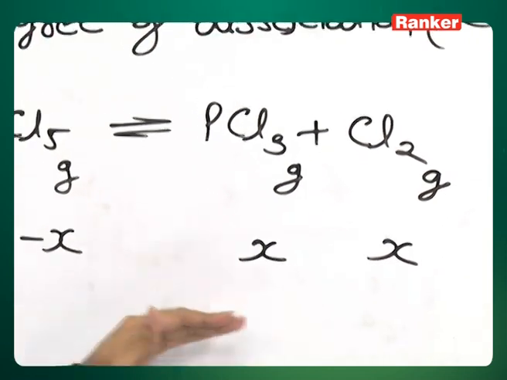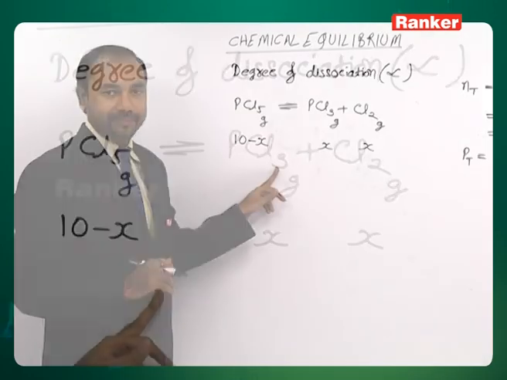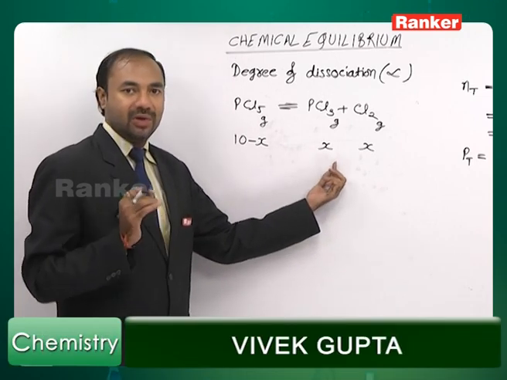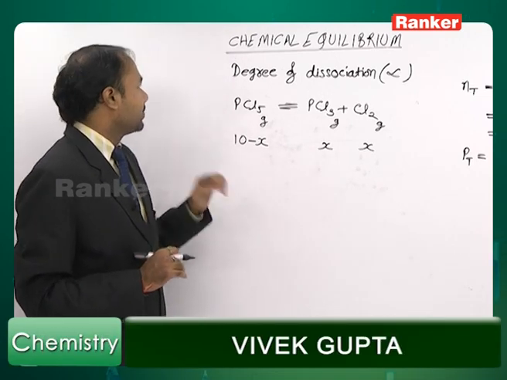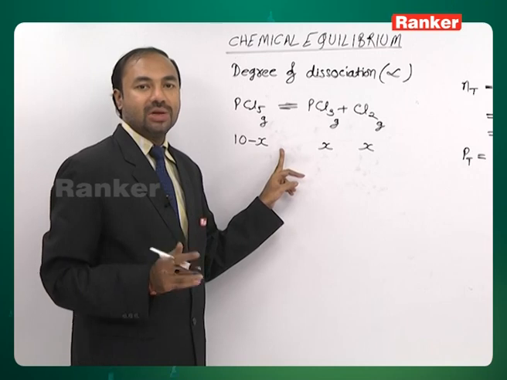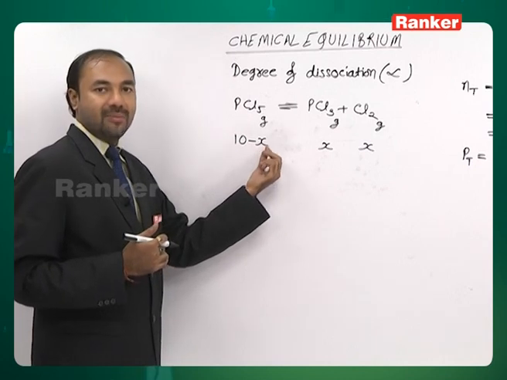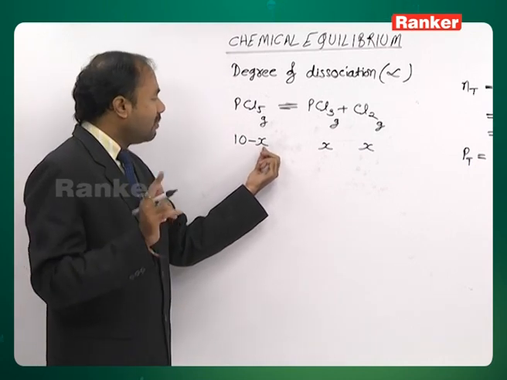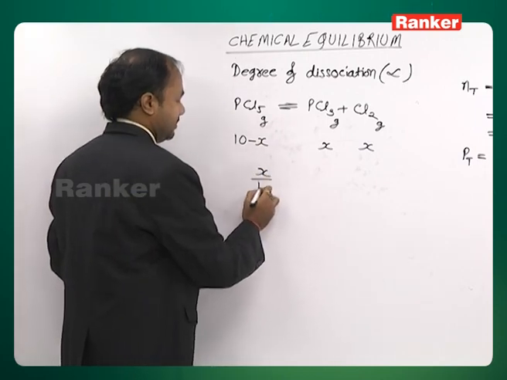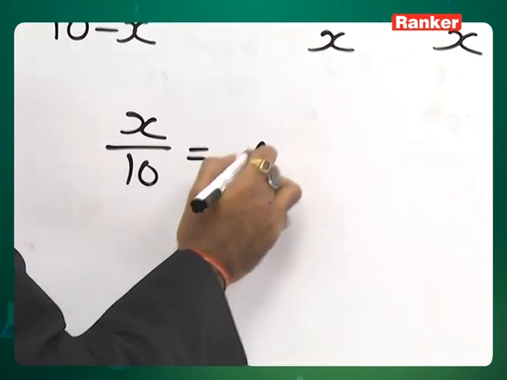The same thing can actually be written in terms of alpha, and in a lot of cases the problems become simpler because we can take certain approximations which are not that comfortable with using X. Degree of dissociation is defined as the number of moles of the substance decomposing out of 1 mole. So technically in this case, X is the number of moles dissociating out of 10 moles, so the number of moles dissociating out of 1 mole will become X by 10.